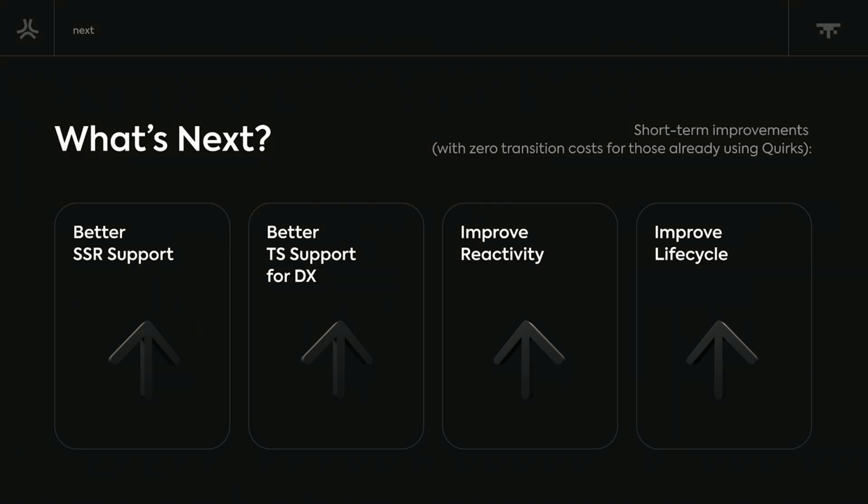In the next month, I will try to be more focused on improving the SSR support and the TypeScript support. It already supports TypeScript, but what I want to do is also add some auto-suggestion when you write code, so it's much easier to write code. I want to improve the reactivity a little bit more, because right now it's already good.